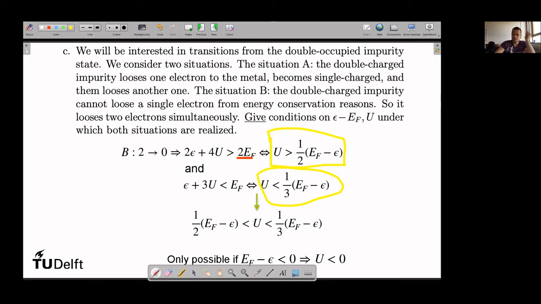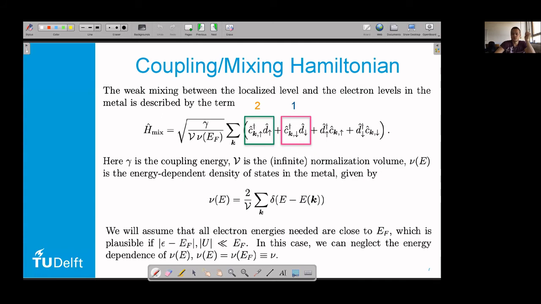Okay, then we move to, here I have again introduced just the coupling Hamiltonian in order to have it, because we didn't need it previously. The only assumption and the difference between problem 5 and problem 7 is that here we will assume that the electron energies are close to the Fermi level, and you're given some assumptions about the energy scales.